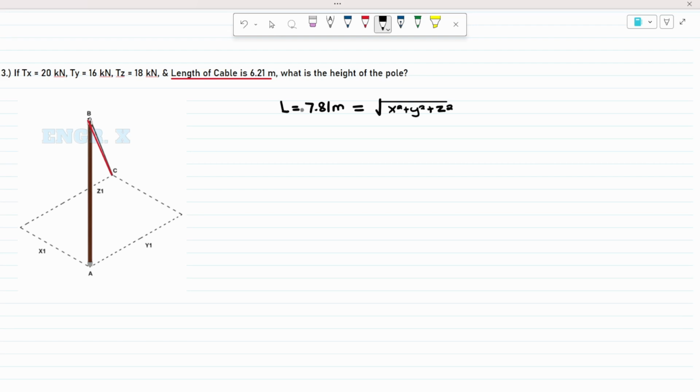This time, in this problem, since L is 6.21, nag-iba na yung mga coordinates. So, hindi na ito 3 meters, 4 meters, and 6 meters. That is why, ang tinatanong is yung height ng pole or yung Z. Okay? So, hindi ito pwede.